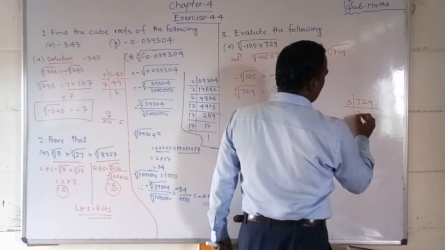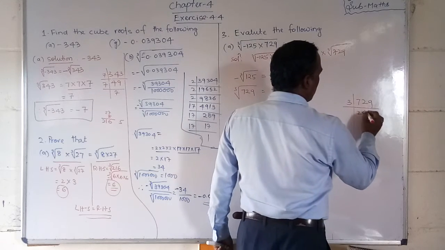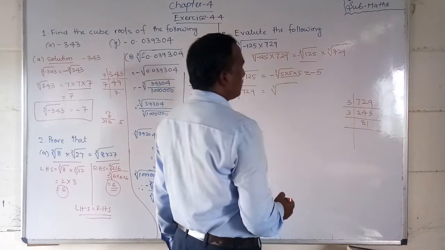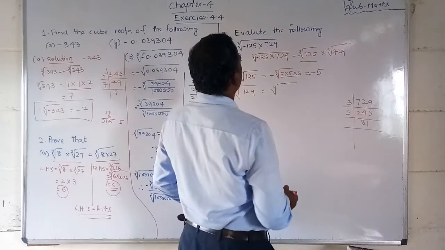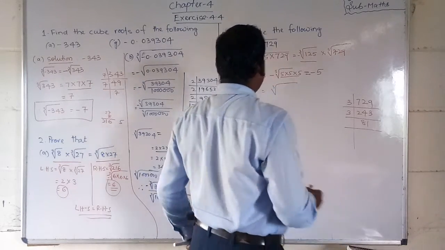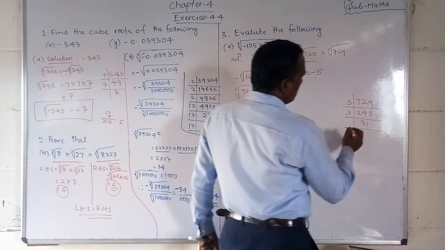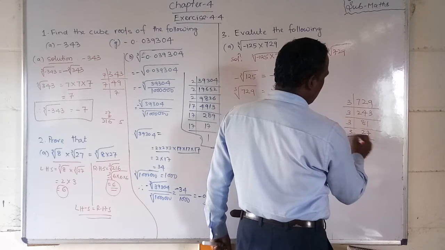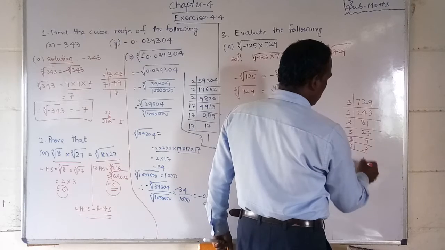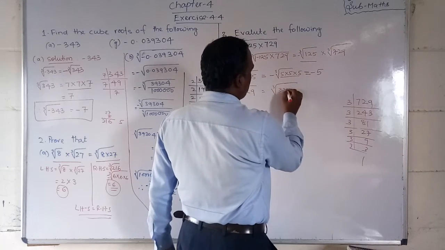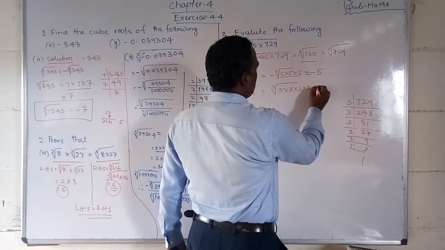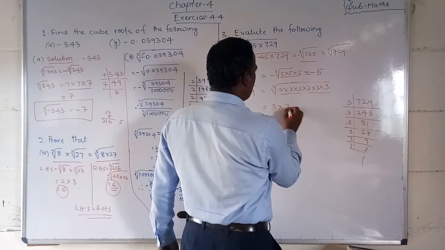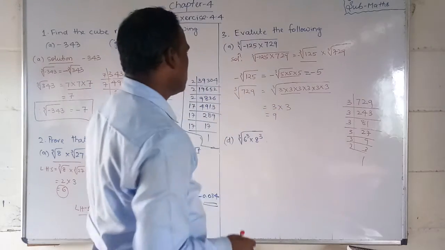Take 3: 3 twos are 6, 3 fours, 3 threes, 3 eights, 1. 729: we take 3, 3 nines, 3 threes, 3 ones. So what will we get, friends? We will get 3 into 3 into 3 into 3 into 3 into 3. If you make the grouping, we will get 3 into 3. Now what will we get, friends? 9 will we get.